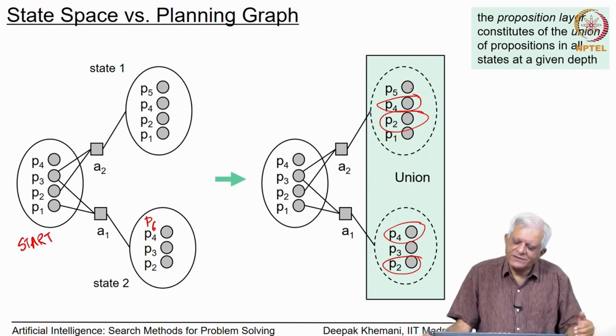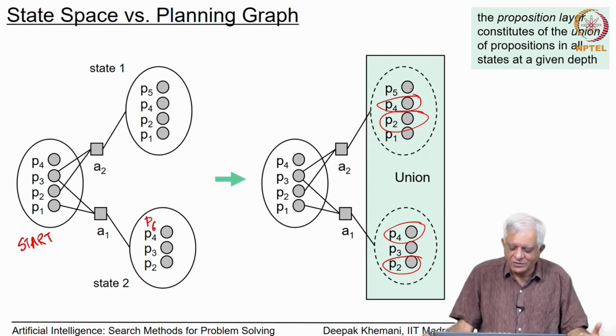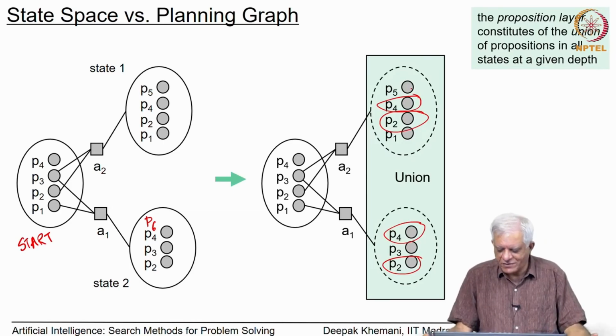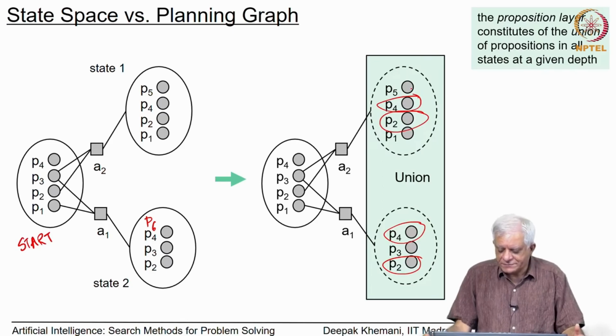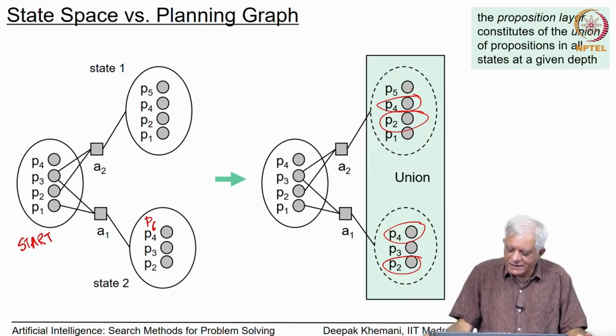Of course, it has to do a considerable amount of work to sort out one state from another, but we will see how it does that. So, this is the basic idea in graph plan: you take the union of all possible states that can be reached in one step and call that a proposition layer in the planning graph.